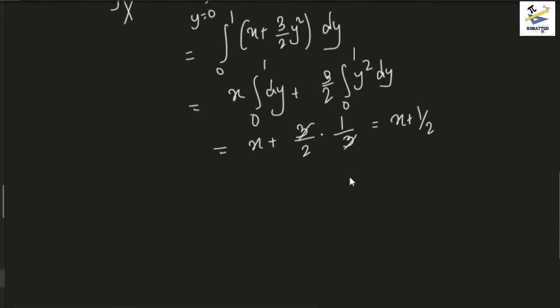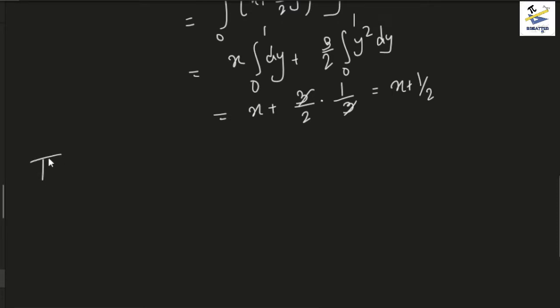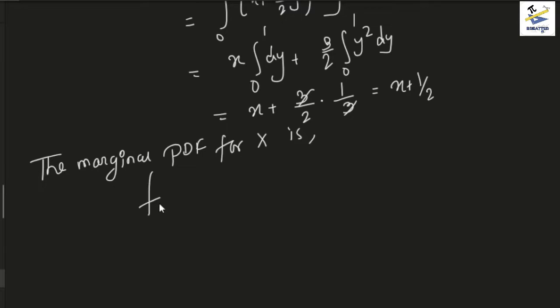So therefore the PDF for x is f of x equals to x plus 1 by 2, for 0 less than equals to x less than equals to 1.